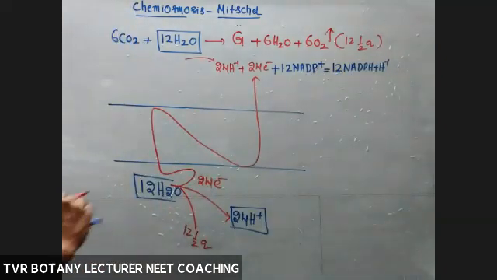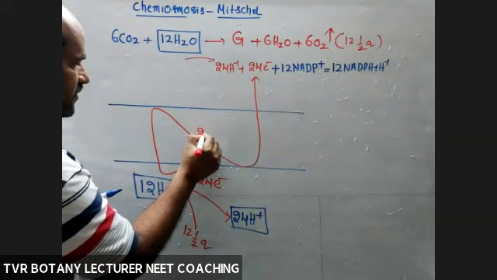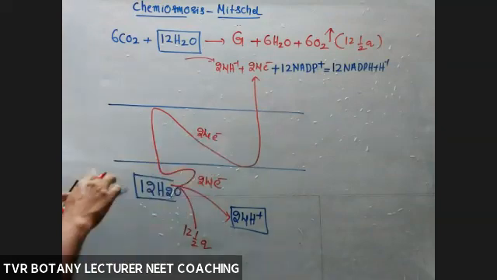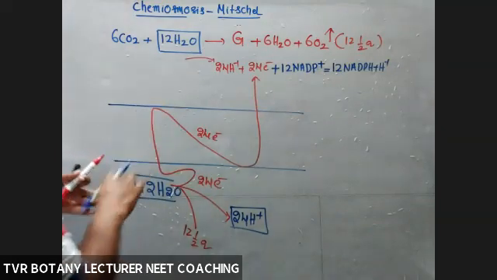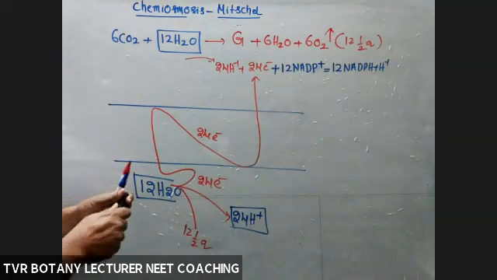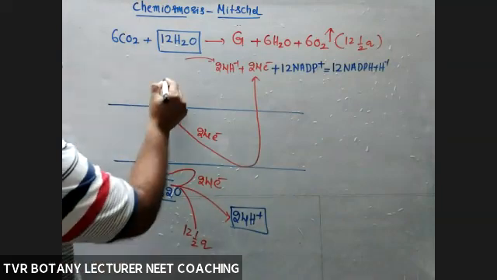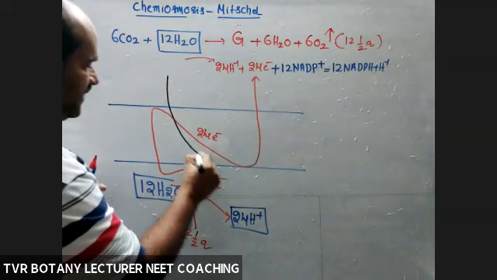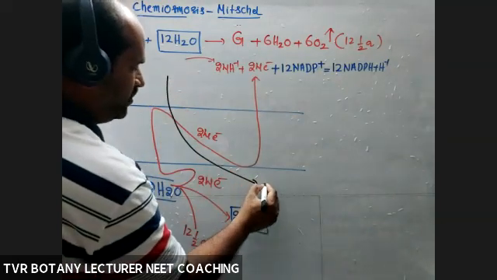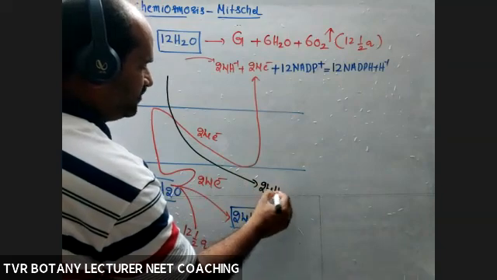Now, during transportation of 24 electrons, what about the number of protons translocated, removed from the stroma and added to the lumen? 24 H plus.